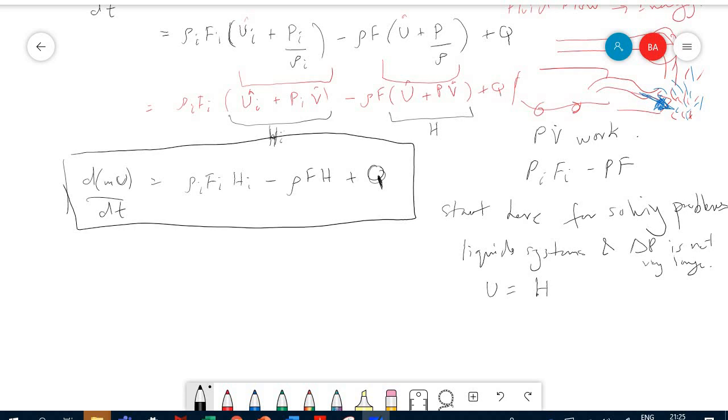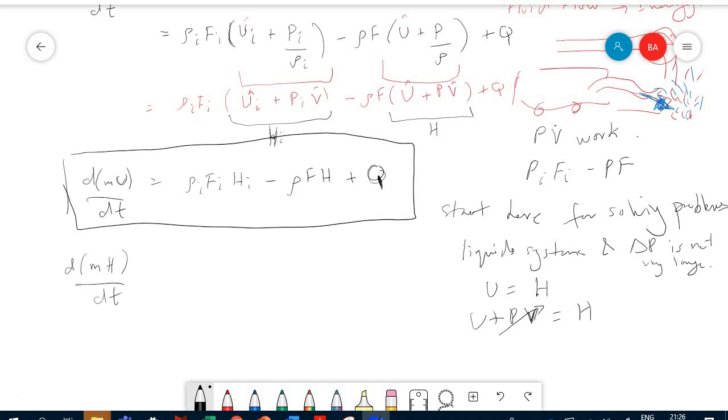Why is it equal to H? Because we know that U plus PV is equal to H. And we're just cancelling out this term because of the liquid system. You have pressure. Does pressure change volume? It does not change volume. So we are simply cancelling out the term here, and we have U equal to H. And here's the system that we have, dmh by dt.